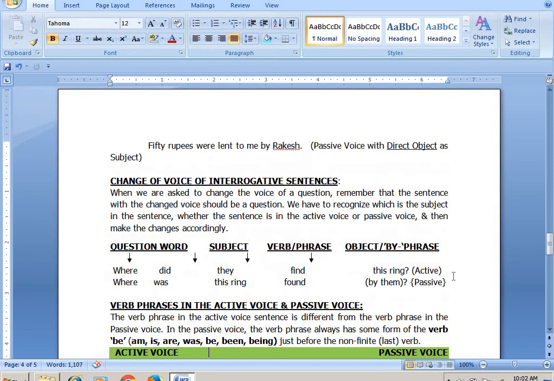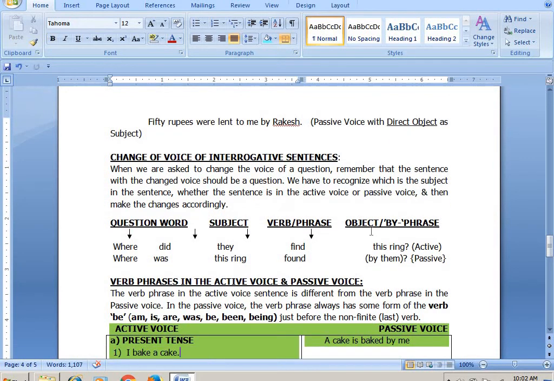Now, change of voice of interrogative sentences. We did a class a few days back on sentences, when I was explaining about interrogative, assertive and exclamatory sentences. Now what is it? Look here.